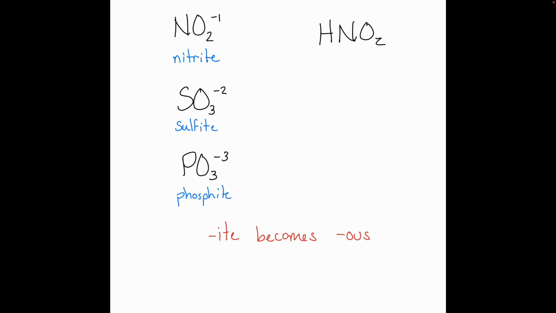So the nitrite ion makes nitrous acid. Right? ITE becomes OUS. All right, see if you can finish off the other two here if we made acids with our sulfite or phosphite ion.